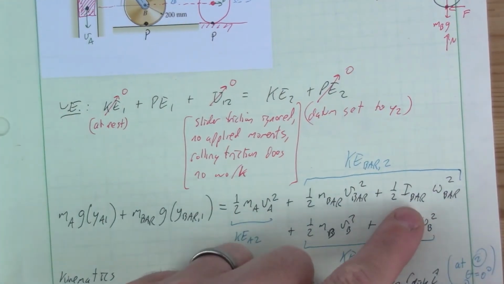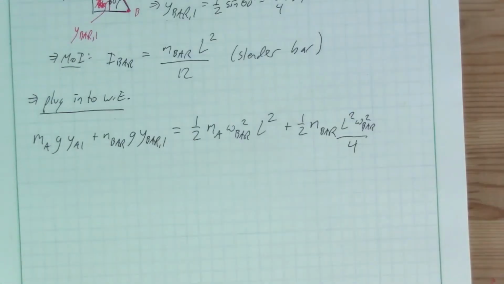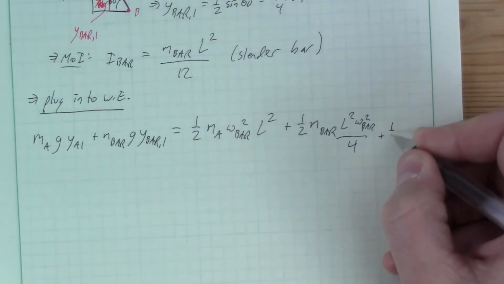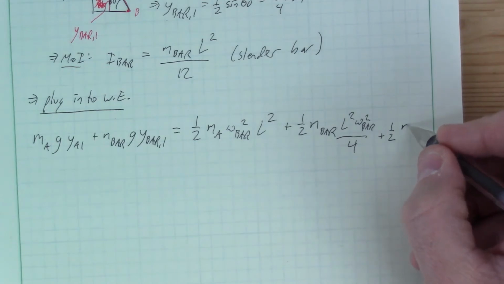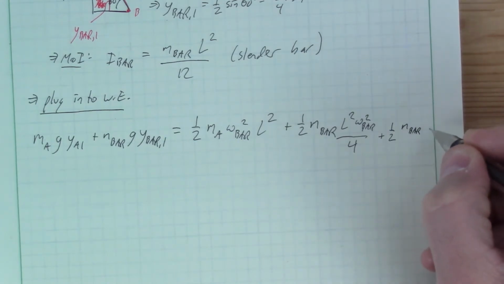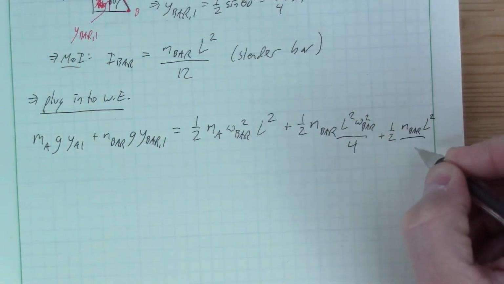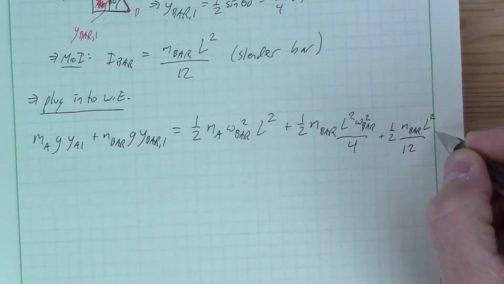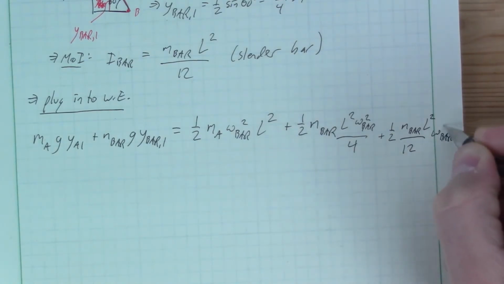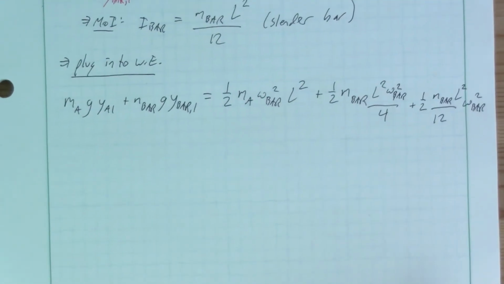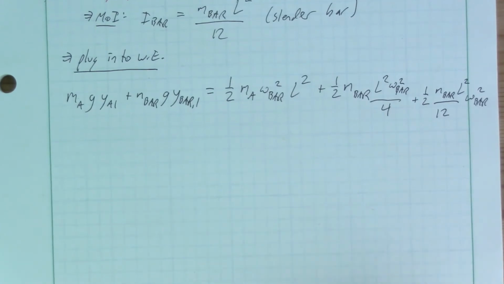That one we're just plugging in what I bar is there. So we have plus 1/2 I bar, which is m bar L squared over 12, omega bar squared, and somehow we fit it into one line, which I did not think was going to happen.